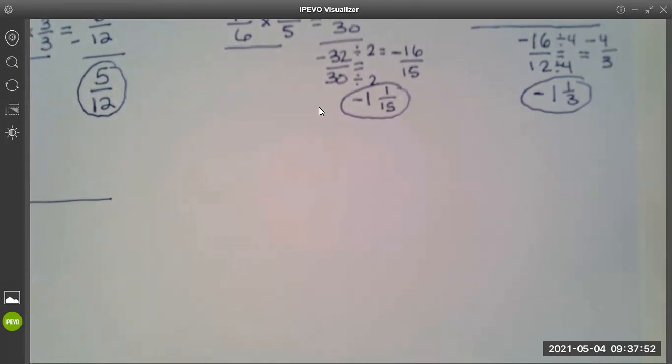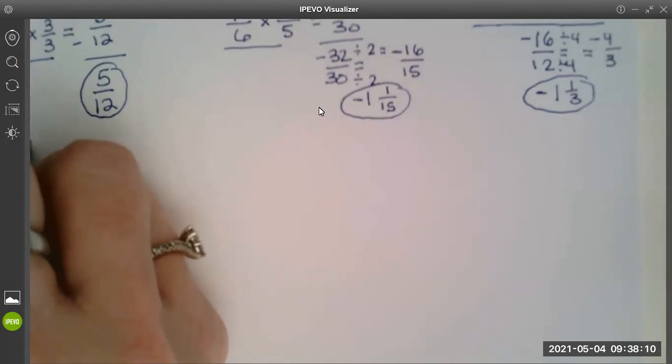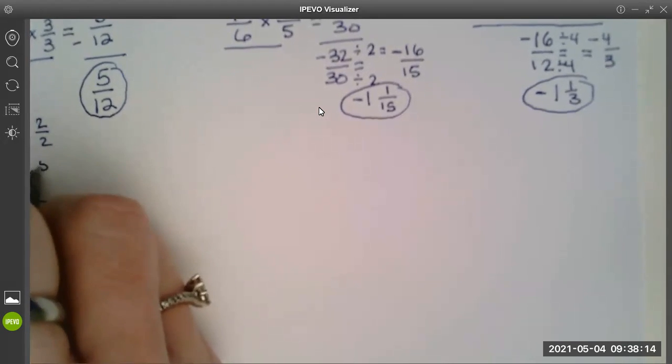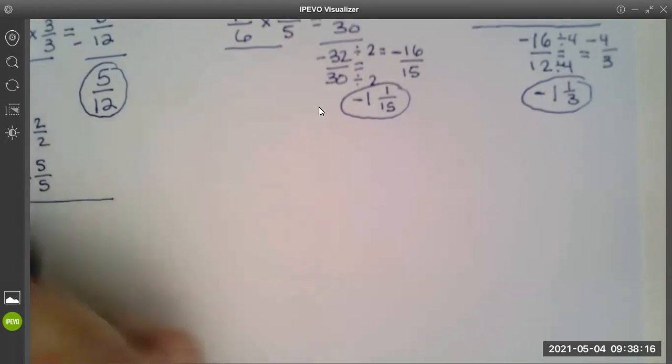Can 2 become 5? Can 2 times something make 5? No. Okay. Can 5 times something other than 2 make a larger number that they can divide into? No. So this is another one of these that they just trade, because the only way to make it is 5 times 2.